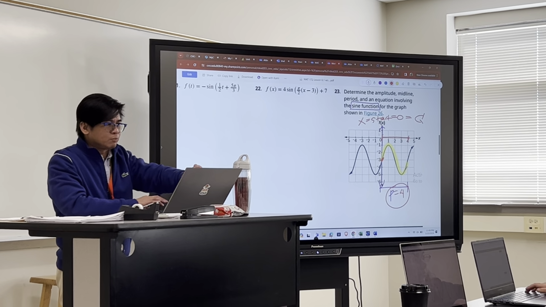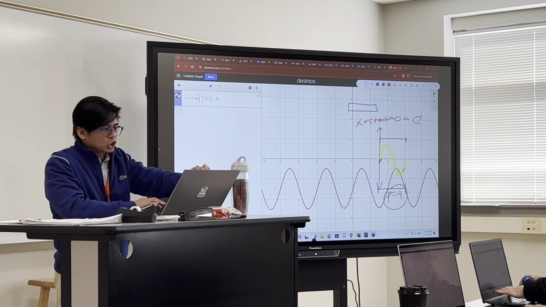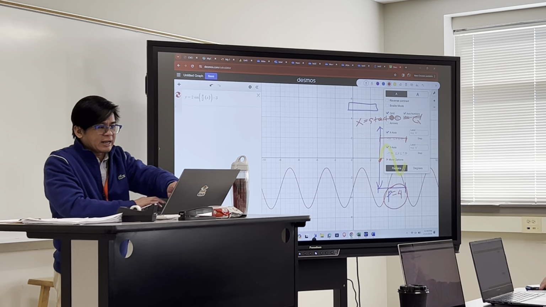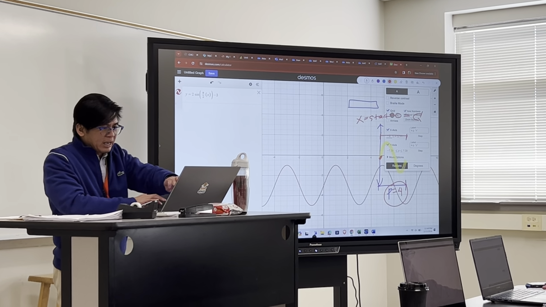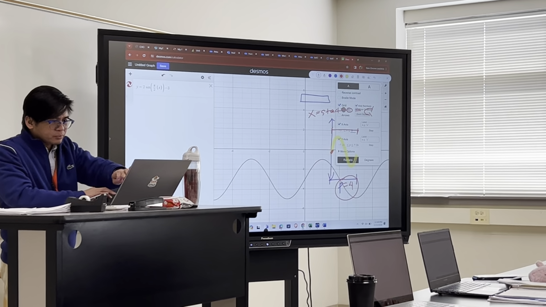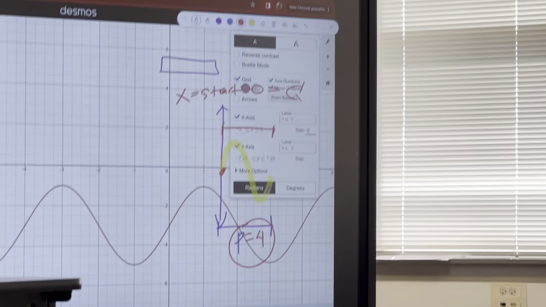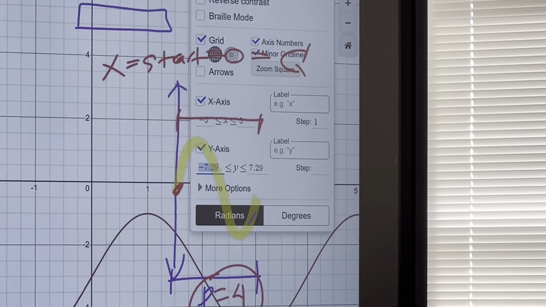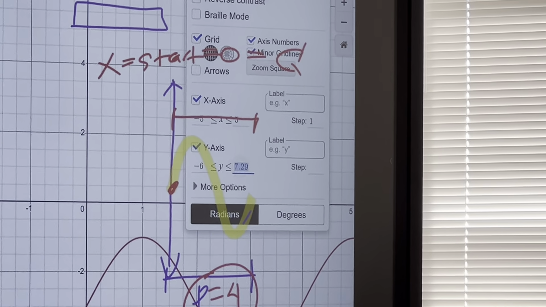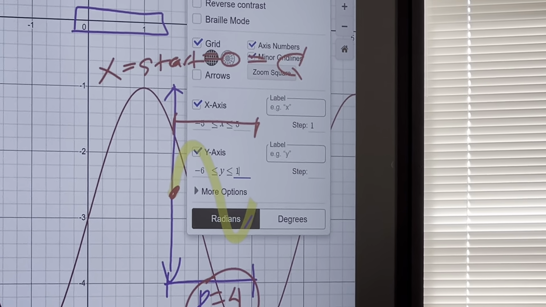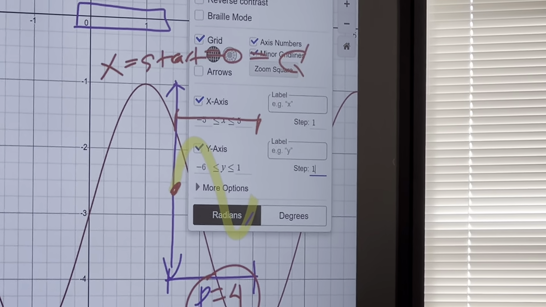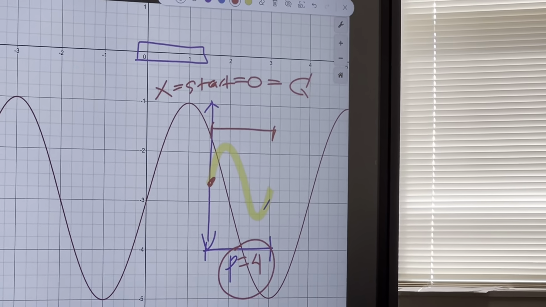Get it? Okay, so let's put it in here like such. Go to graph settings, negative 5 to 5. The steps are by ones, right? And then in here, we put negative 6 to positive 1. And again, the steps are by 1 as well, or you can just leave it blank.